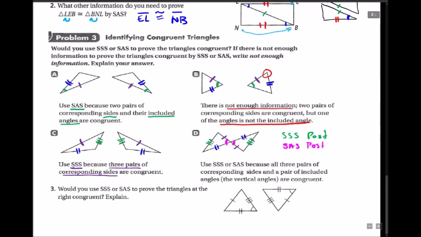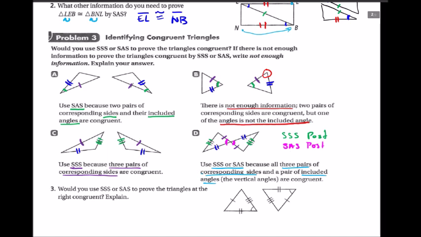So we could use either here. We've got 3 pairs of corresponding sides and a pair of included angles by vertical angles. So again, thank you, geometry, for having multiple options for us.